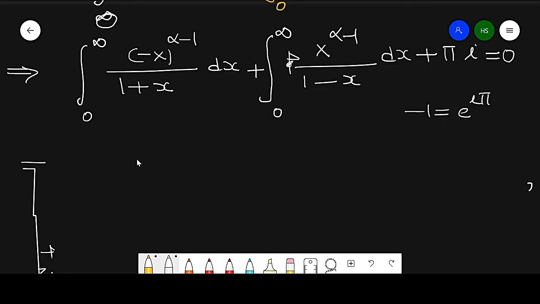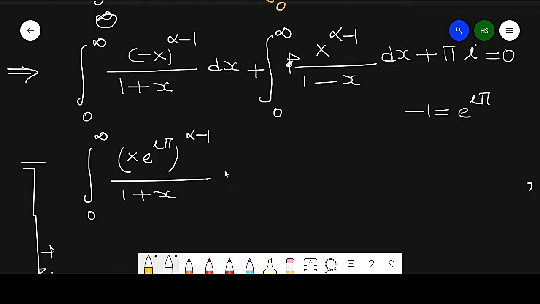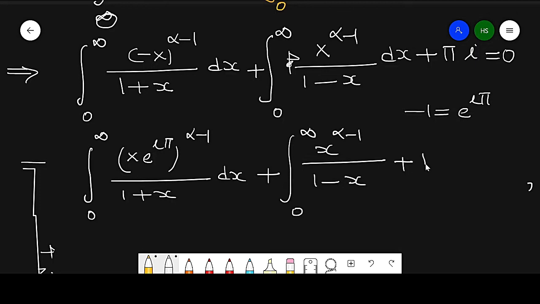So this value can be written as the integration 0 to infinity of x into e raised to power iota pi, and then raised to power alpha minus 1, over 1 plus x into dx, plus the integration 0 to infinity of x raised to power alpha minus 1 over 1 minus x, plus pi iota, which is equal to 0.